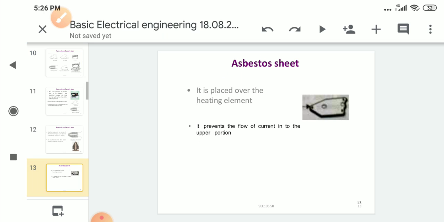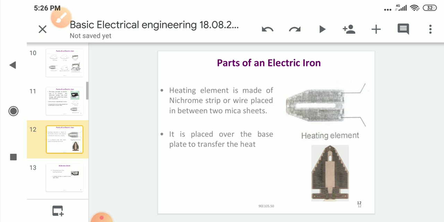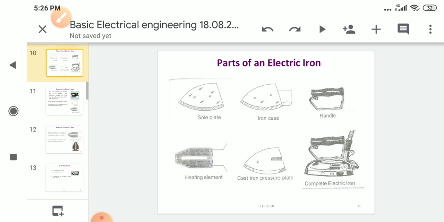And an asbestos sheet is also used to prevent the flow of current into the upper portion. That's why this asbestos sheet is used. These are the different parts in our electric iron.